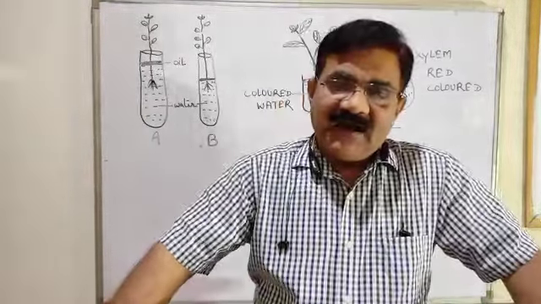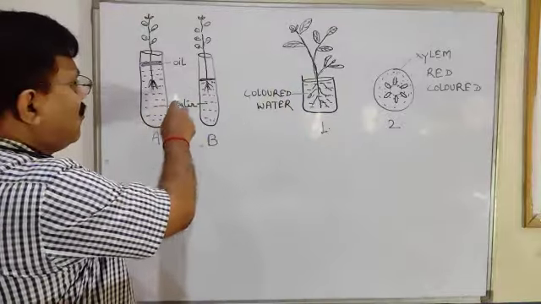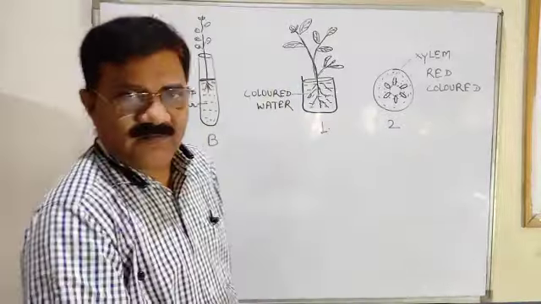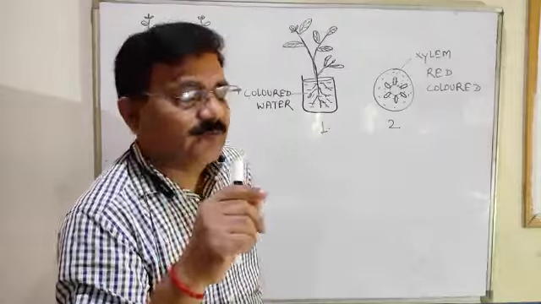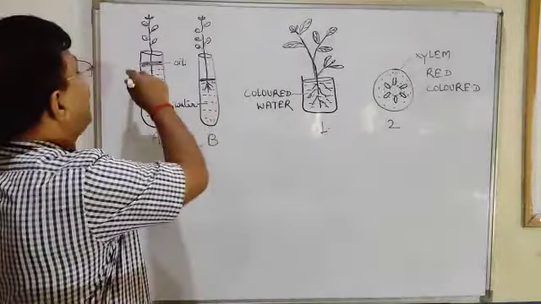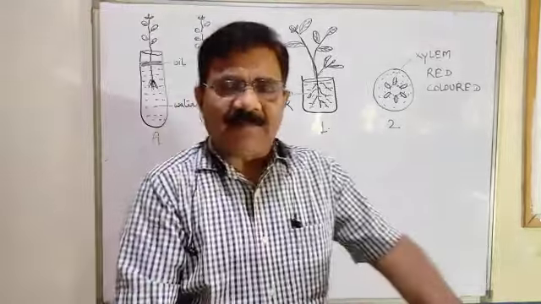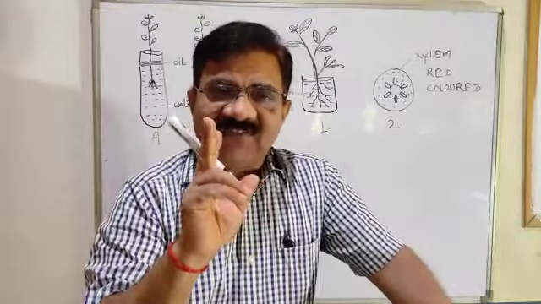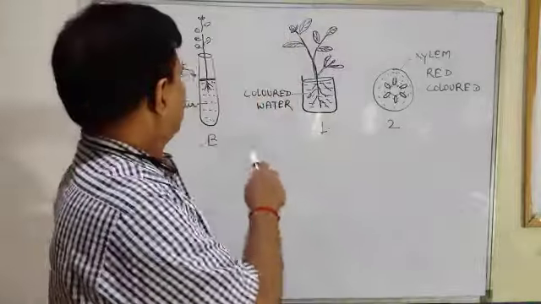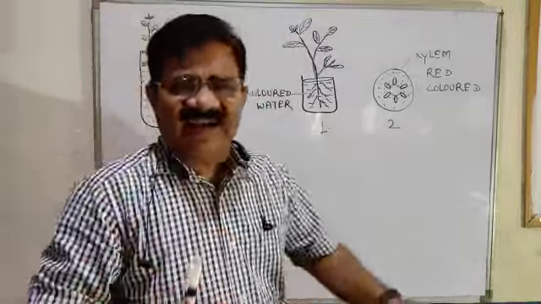Now you can see here we have taken a test tube. In the test tube, water is kept and a rooted plant, meaning the plant must have roots. Say a balsam plant, a garden plant.